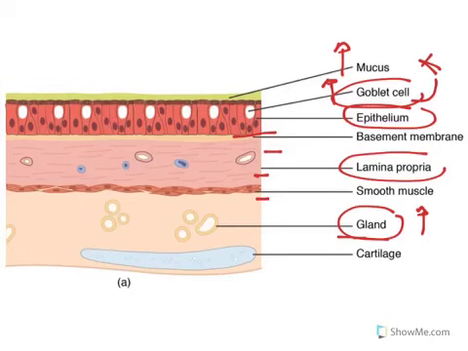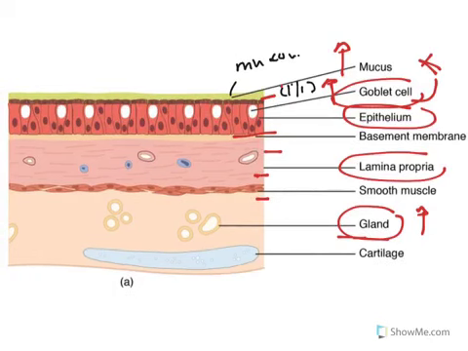Our defense mechanisms in the pulmonary system include the cilia. We also have the mucociliary apparatus, which is the mucus and cilia, and we have the cough reflex. We have mucus secretion, with the help of goblet cells.